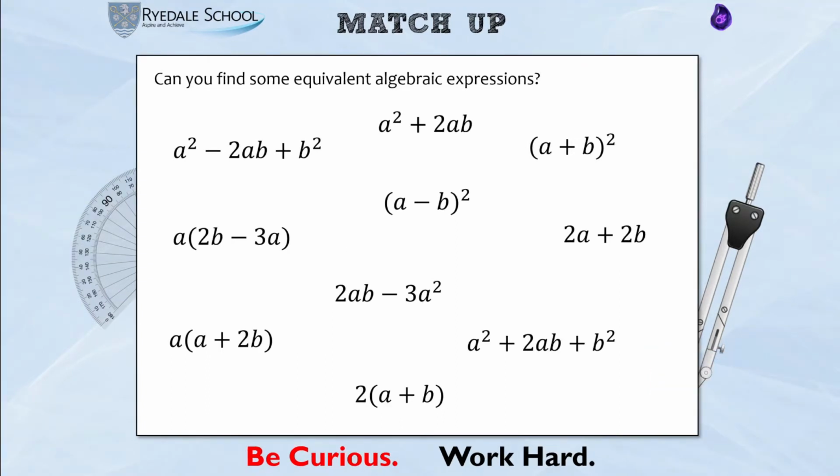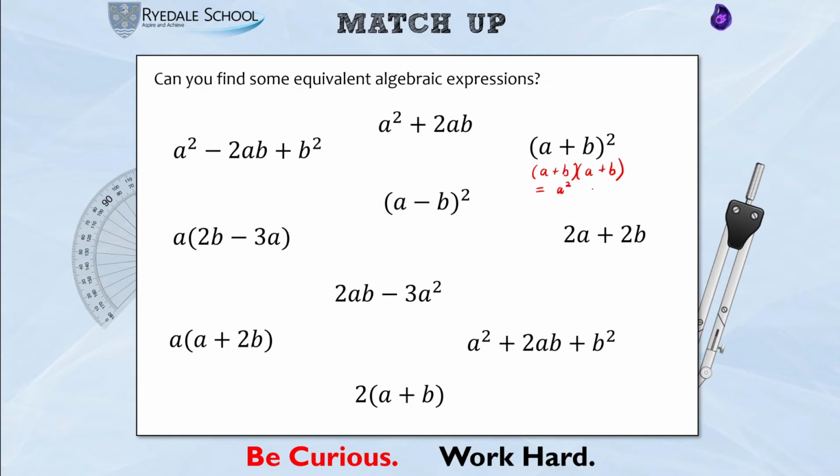So I'll go through some of the harder ones first. If you have a bracket here with a squared, you really need to multiply this out using FOIL. If not, you're likely to get it wrong and you probably thought, oh, maybe this isn't one that matches up. If you multiply this out with FOIL and collect terms, you'll get an a squared.